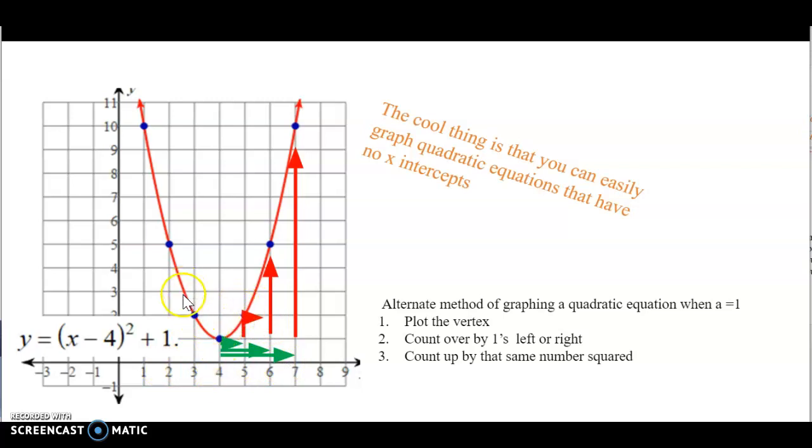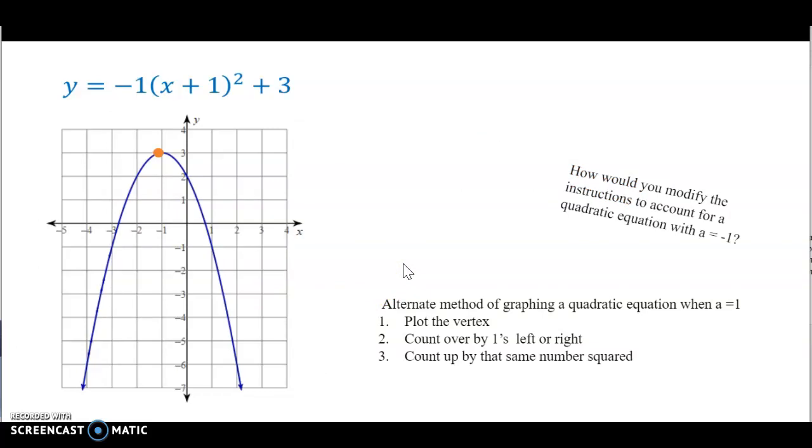In that case, it will be a floating parabola, in which case there are no x-intercepts to figure out from. And plus, this is just way quicker in some ways. And also, if the x-intercept is present but it's not a whole number, then this method is going to be much easier to plot.